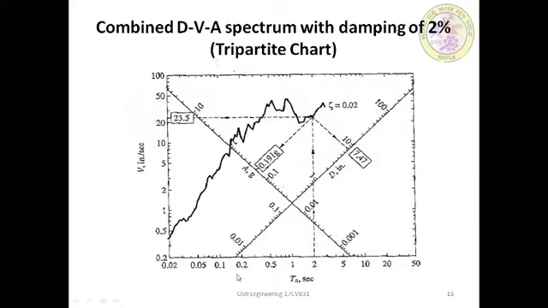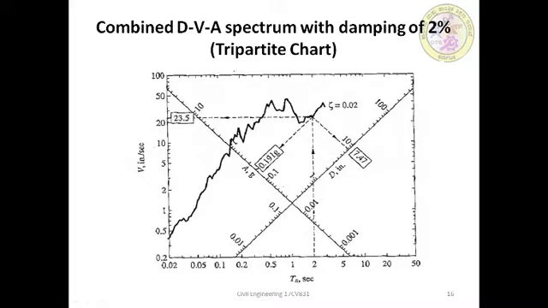Displacement is also combined. You can see that the time period Tn is the base, the vertical axis is velocity, one diagonal represents acceleration, and another diagonal represents displacement. So the three charts are combined together in a single chart with a log scale.